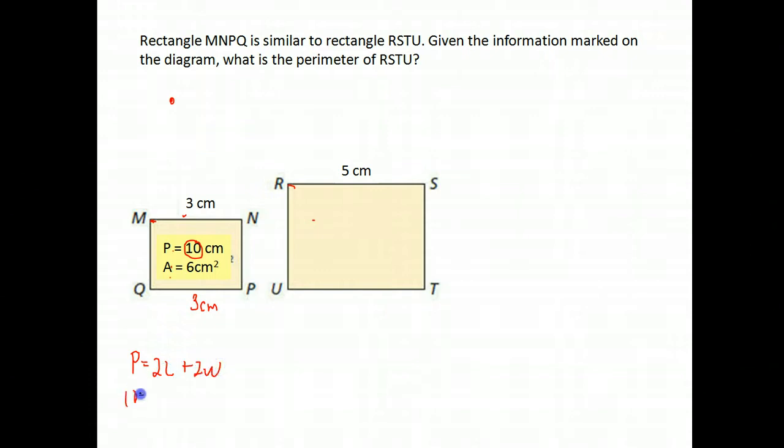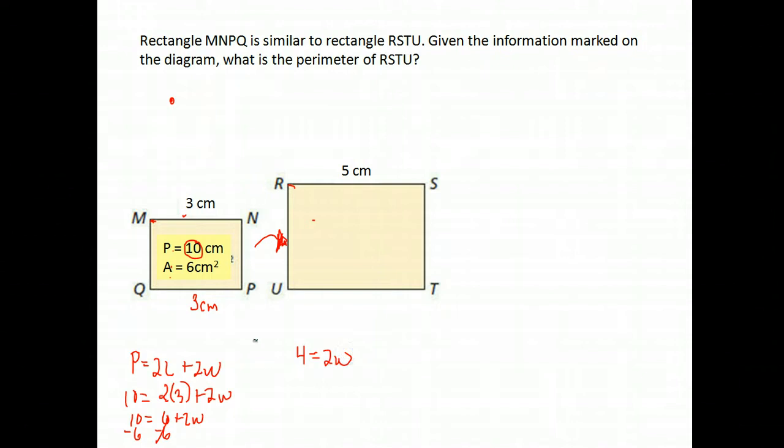We know our perimeter is 10 and our length is 3. What would our width have to be on that smaller rectangle? We need the dimensions so that we can transfer over to here and find the perimeter of that larger rectangle. Well, that gives us 10 equals 6 plus 2w. So those two sides of length 3 take 6 out of our perimeter and leave us with just 4.